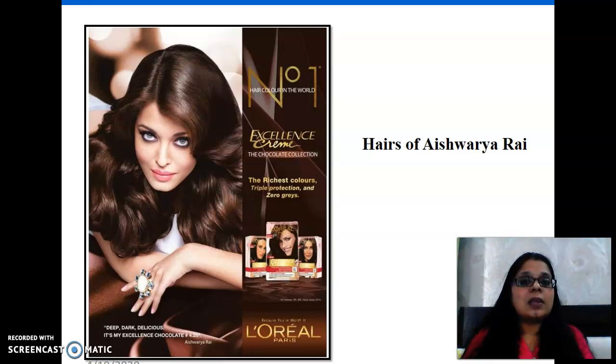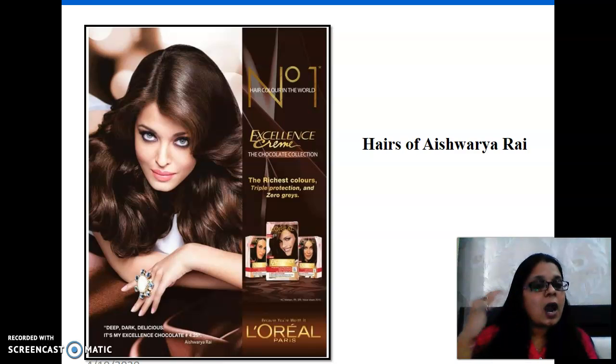Next, you can see the ad of L'Oreal on the screen, where they've roped in Aishwarya Rai as a celebrity or model for the advertisement. But see how the consumer can perceive the product when they see the model on the screen.